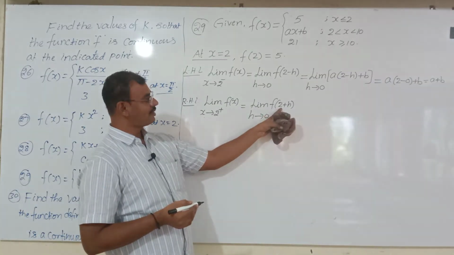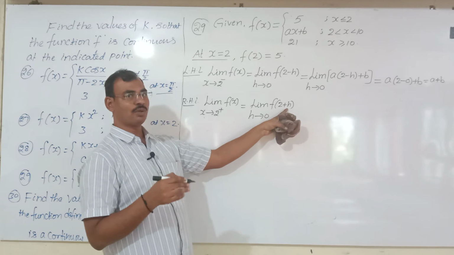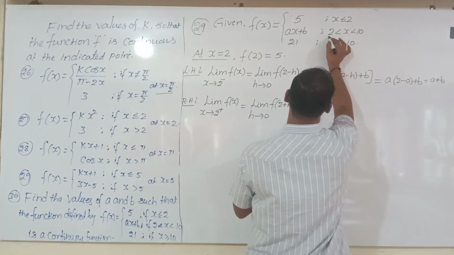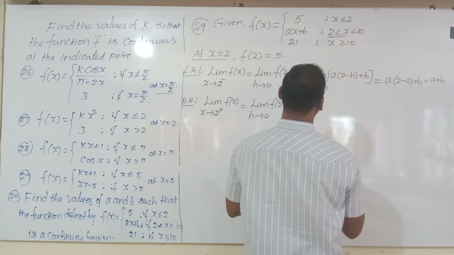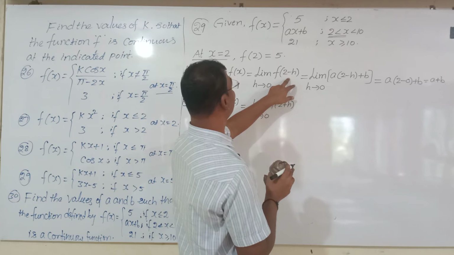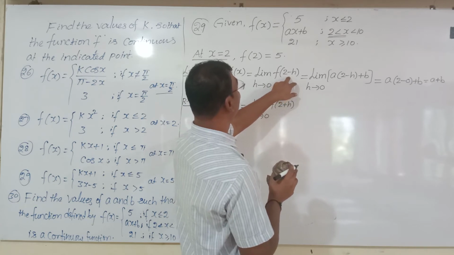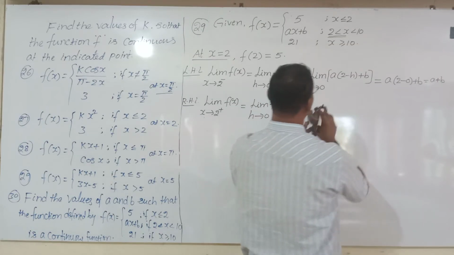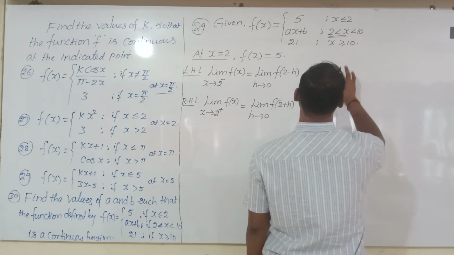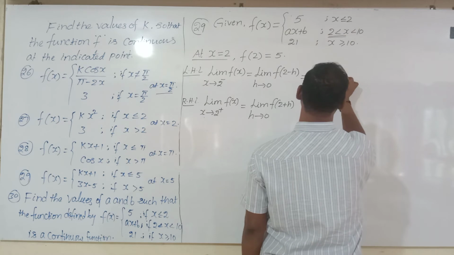Now observing, this is 2 plus h, it is more than 2. Here some mistake is there. The left hand limit: 2 minus h is less than 2, and when x is less than 2 the function is 5, so the left hand limit is 5.